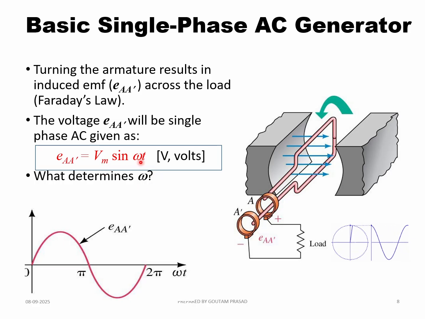Omega is the cyclic frequency of rotation of the coil in the magnetic field, and this is the sinusoidal wave that we get in the output. The phasor and the sinusoidal waveform have been shown here as it is generated.